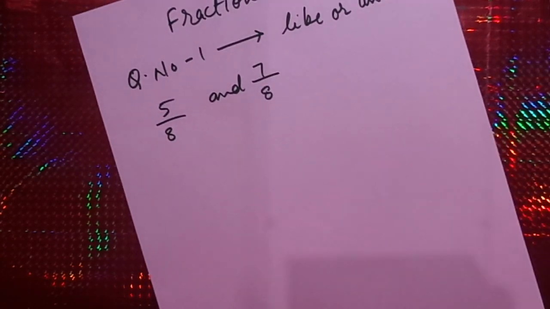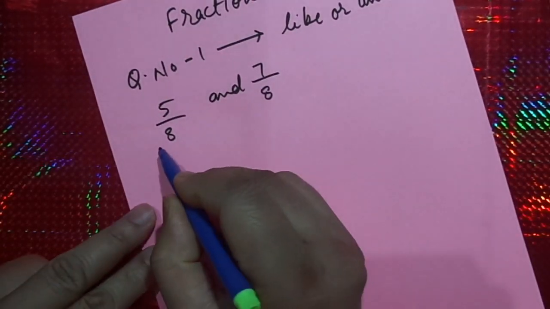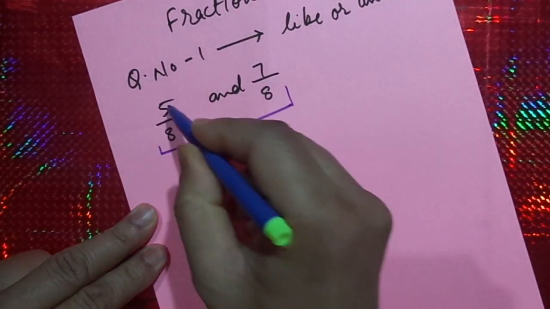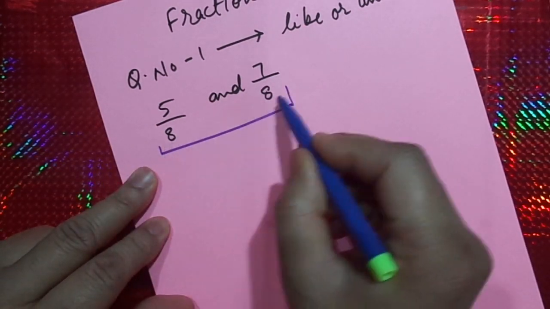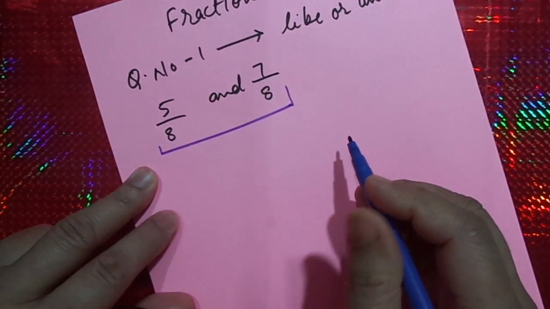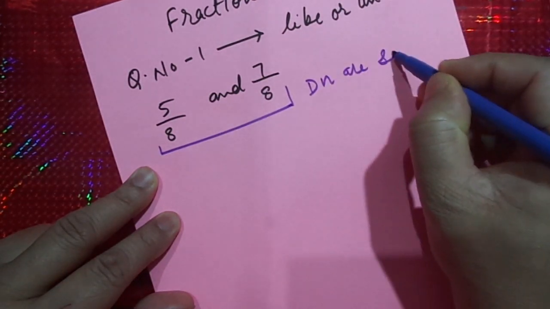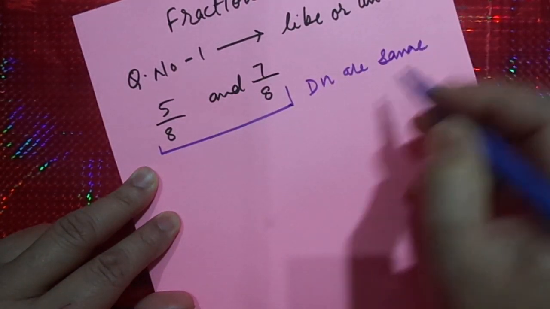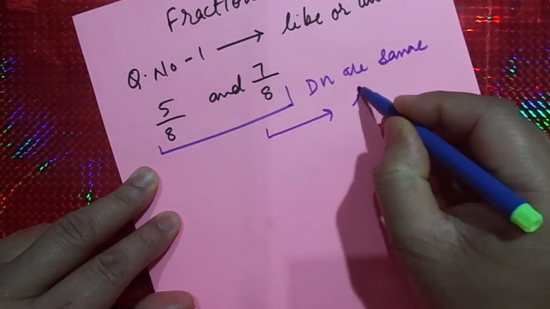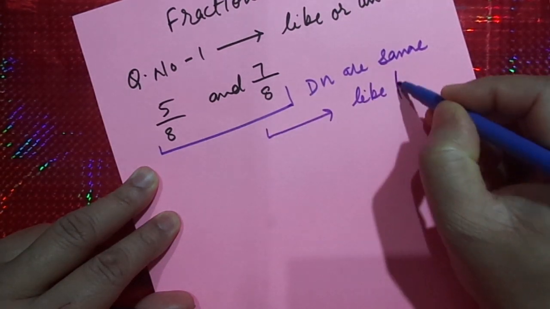So you can observe over here that both fractions have equal denominators. So when the denominators are same, we say that the fractions are like fractions.